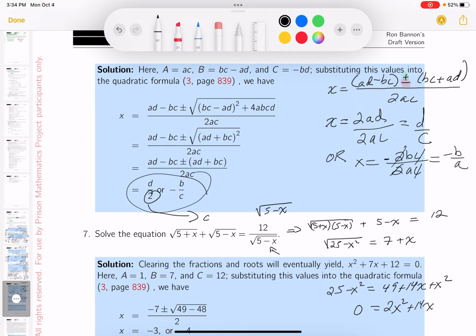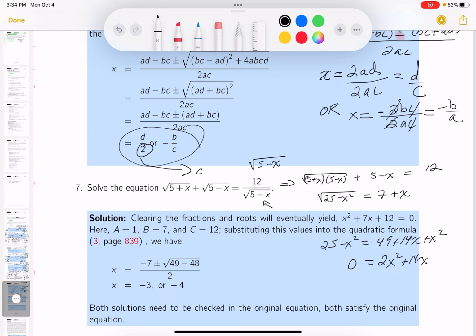Let's see, 25 from 49 is going to be 24, right? I would divide both sides by 2. I would get x squared plus 7x plus 12. The next thing I would do is I try to factor it. x and x. Let's see, 3 and 4, right? x equals minus 3.